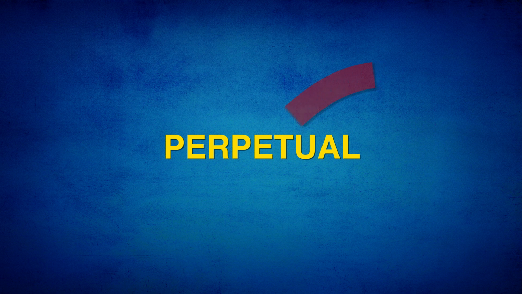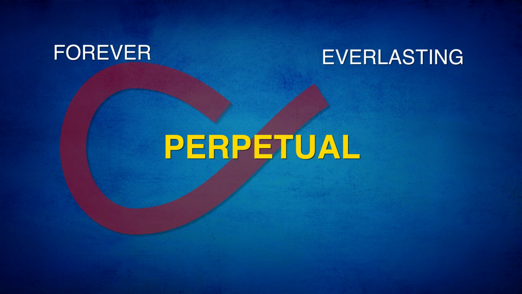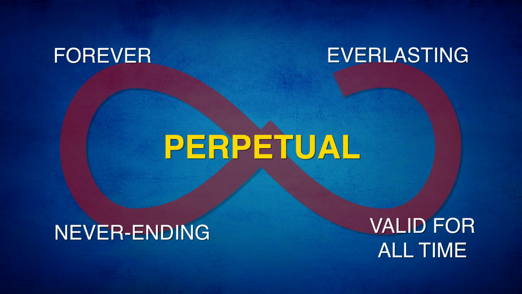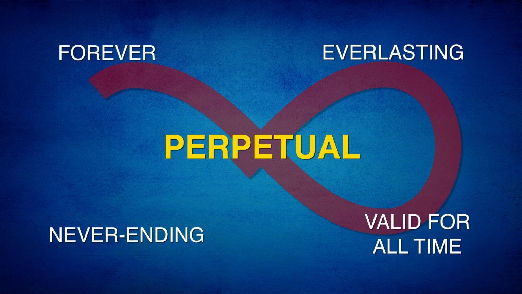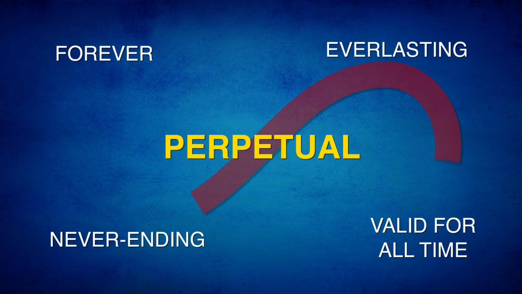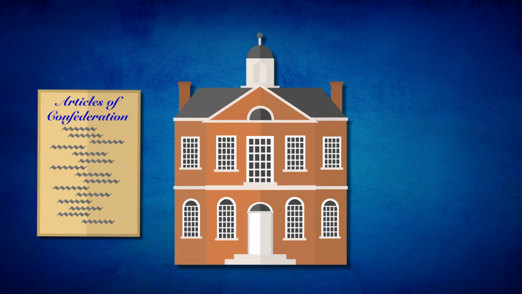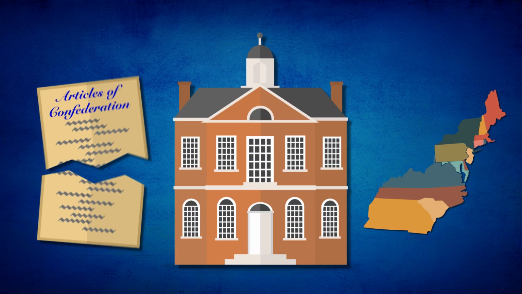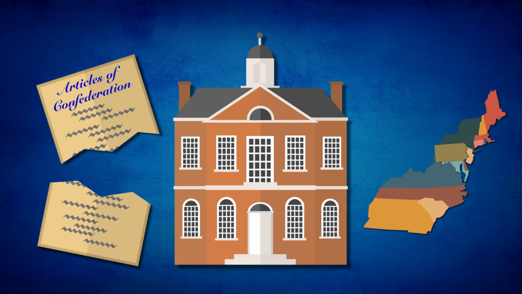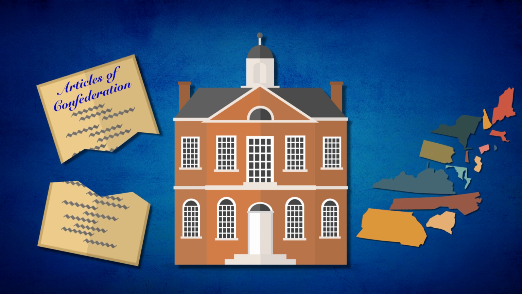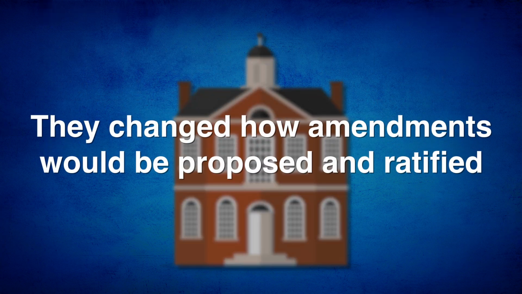The word perpetual means forever, everlasting, never-ending, valid for all time. Perpetual is a very precise legal word with no exceptions. But when the delegates convened at the convention in Philadelphia, they scrapped the Articles of Confederation and, in turn, the existing Union. They made significant changes, including how amendments would be proposed and ratified.